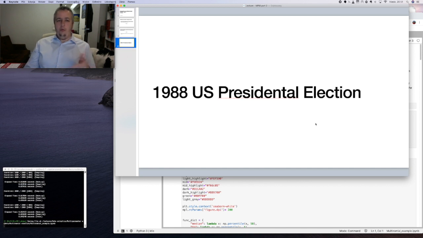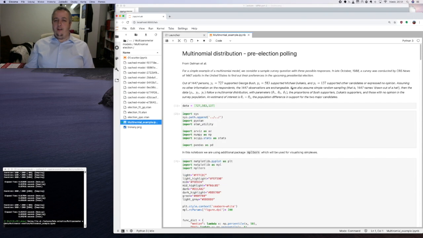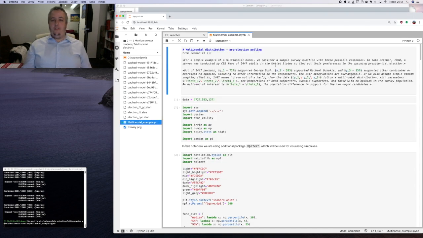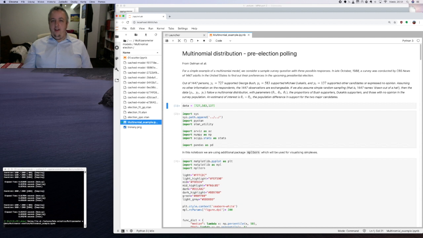And we will focus on an event which for most of you listeners is ancient history. So 1988 US presidential election. This was the presidential election where we had the older President Bush, George H. Bush, the father of George W. Bush, who was most known during the 9/11 crisis in the United States.